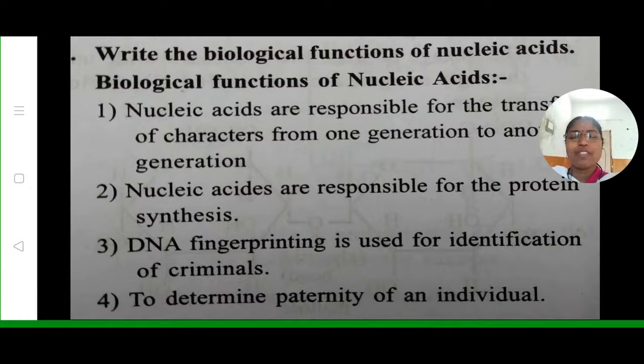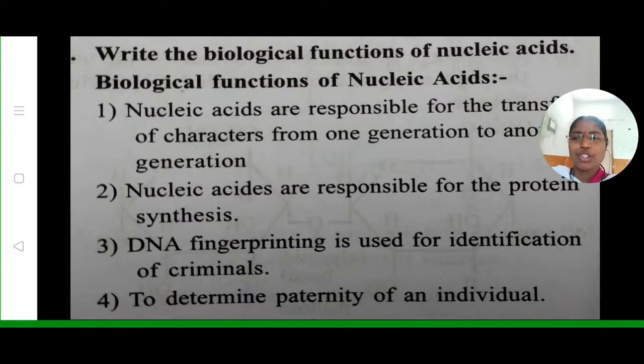It is one of the functions of the nucleic acid. At the same time, criminals' saliva and hair also contain DNA, which is also used for identification.